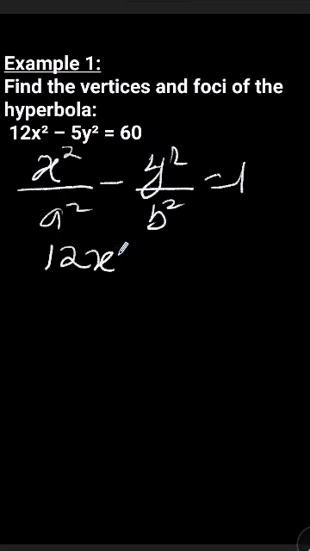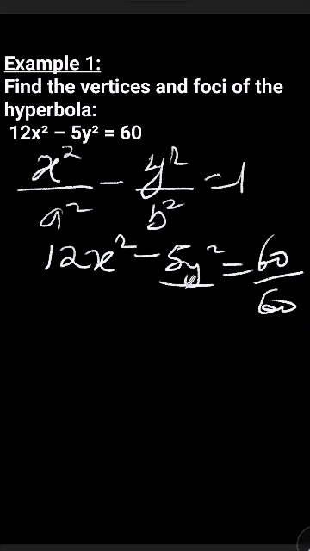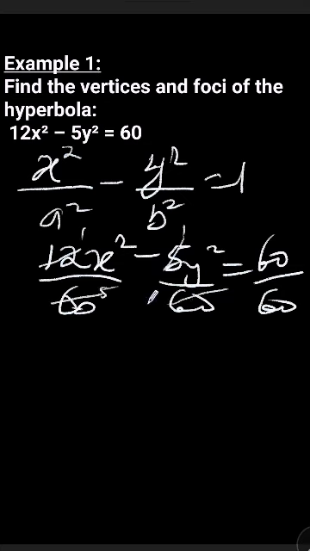So 12x squared minus 5y squared equals 60. Divide through by 60. So 12 over 60 is 1 over 5, 5 over 60 is 1 over 12, and 60 over 60 is 1.